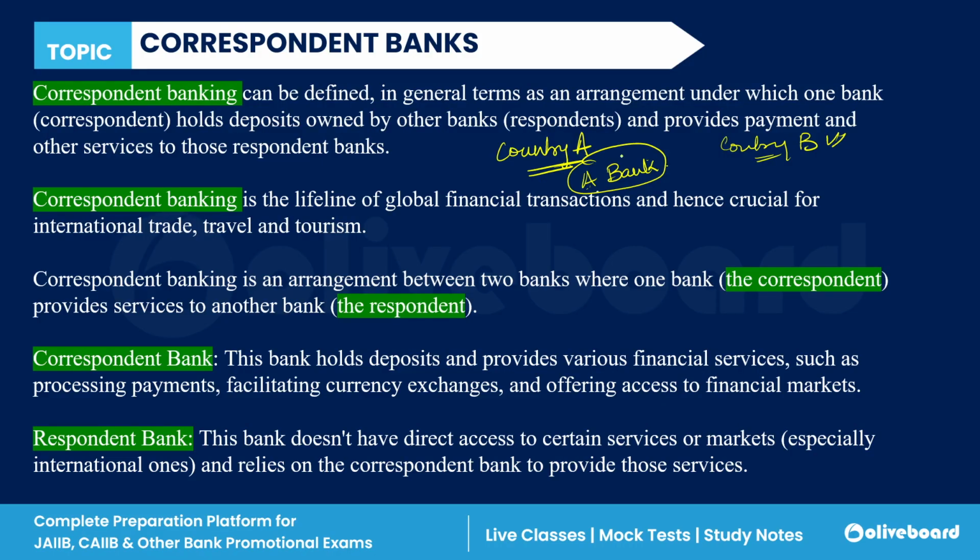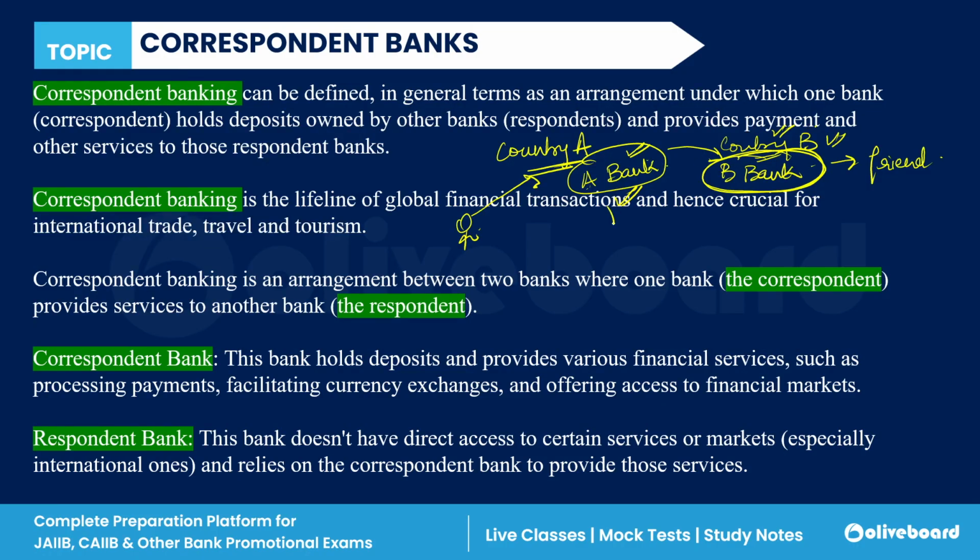So if, for example, in country B there is a B bank, and my bank doesn't have any branch there, my bank just partners with this particular bank. If I am a person here, I send money to my bank, then my bank sends money to this bank, and then this bank transfers money to my friend who is living in country B. And all this happens because my bank doesn't have any branch in country B.